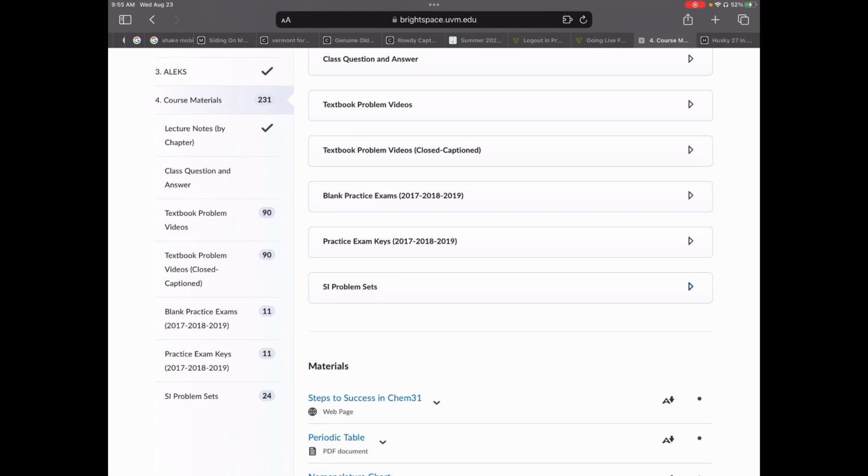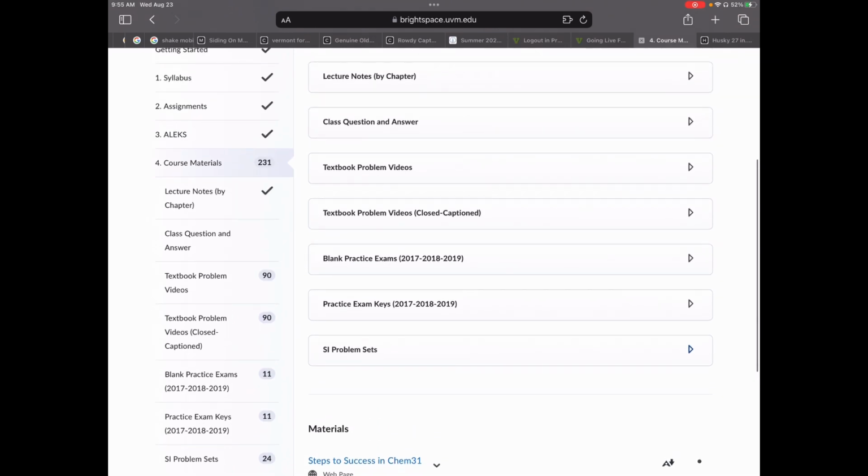Some other folders that are going to appear are basically help folders. The SI leaders are going to have office hours and review sessions, so I'll be posting that information once it comes in. Also, our teaching assistants, who are going to be your lab instructors, are all going to have office hours as well, so I'll be posting that information too.